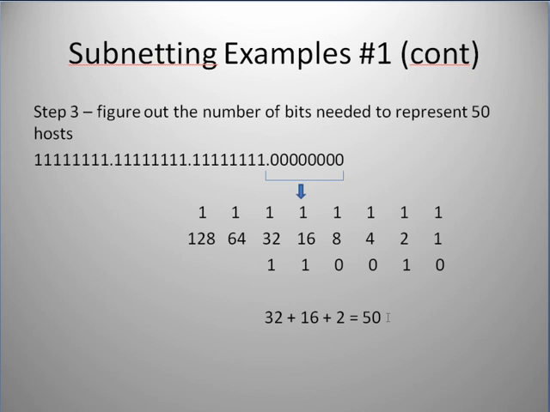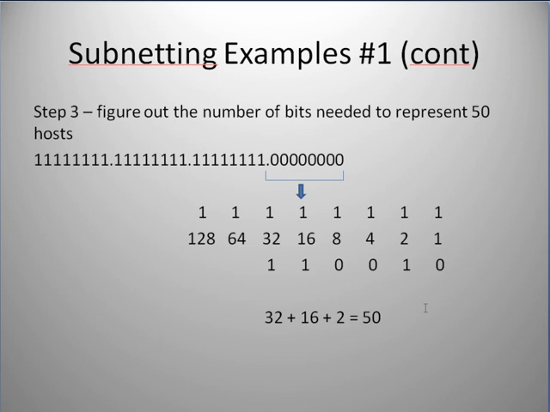What this tells me is the number of bits that I need to reserve for hosts specifically. The total number of bits here that equal the number 50 is 1, 2, 3, 4, 5, 6. So I need 6 bits remaining for hosts to allow me to have at least 50 hosts per network. Now, a lot of times you're going to get more than 50.